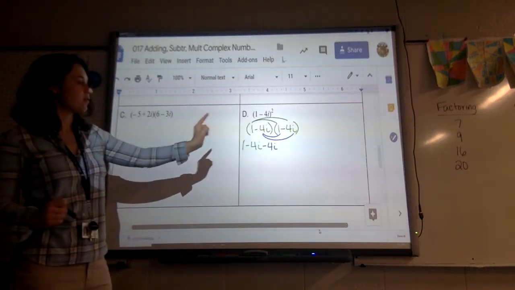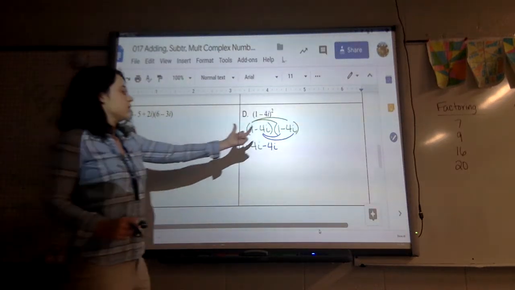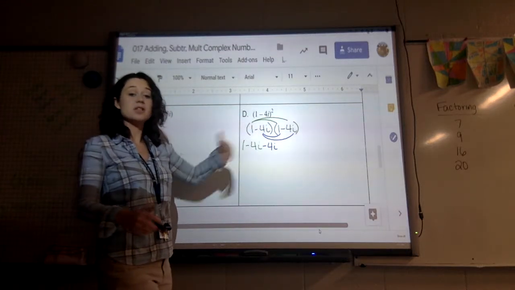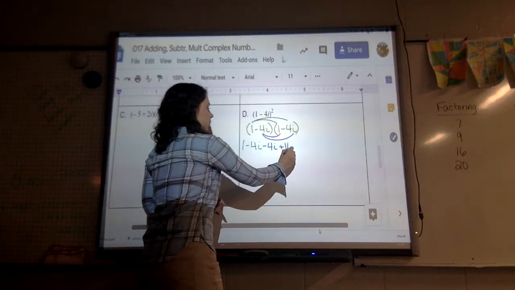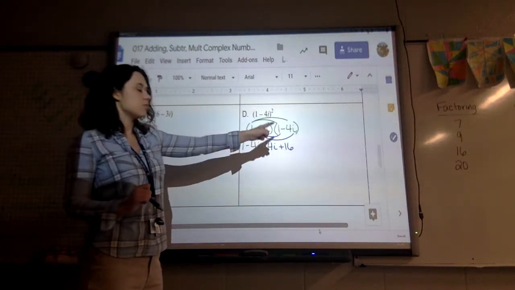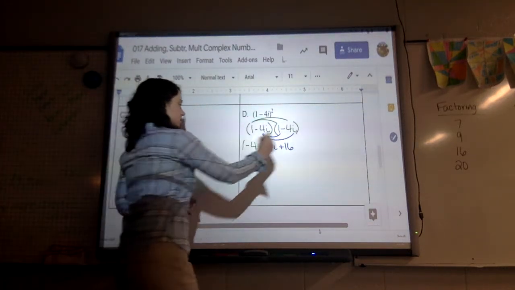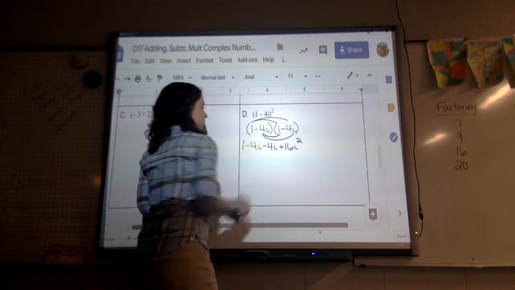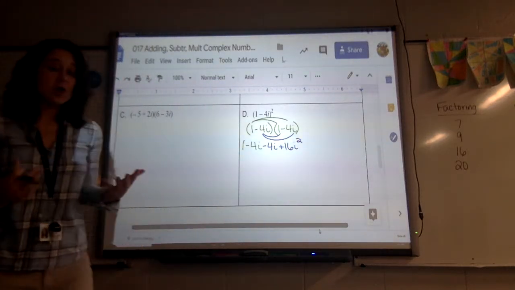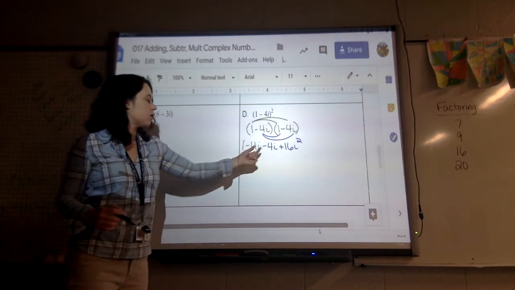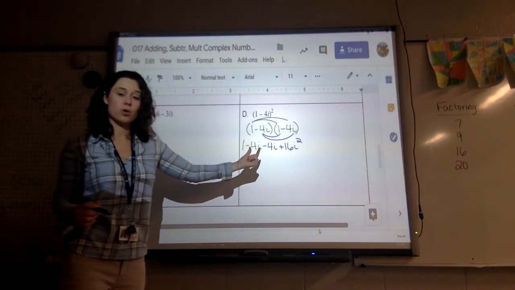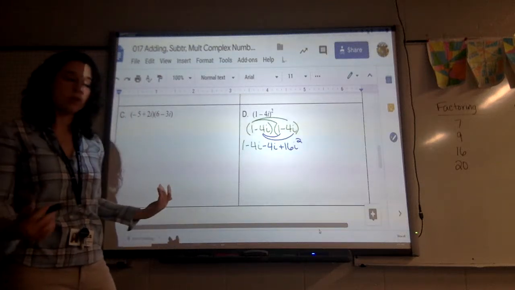-4i times -4i, and let's break this down. -4 times -4 is a positive 16. That hasn't changed. i times i is i squared. So at this point, there's a couple things that we need to simplify. First of all, right in the middle here, -4i and -4i. Those are like terms that I can put together.